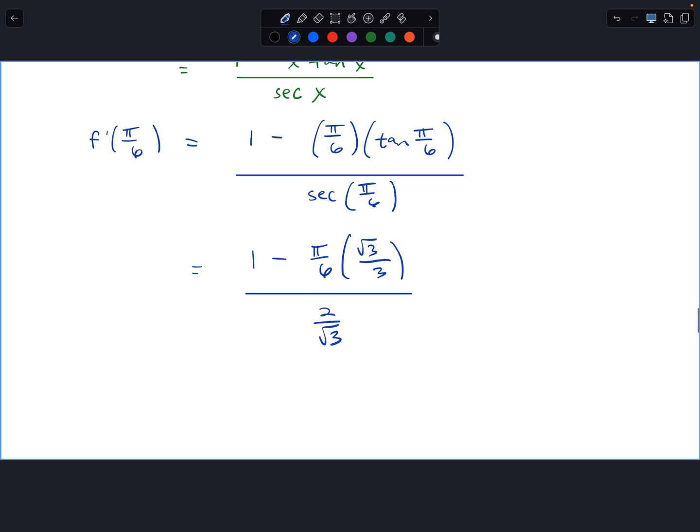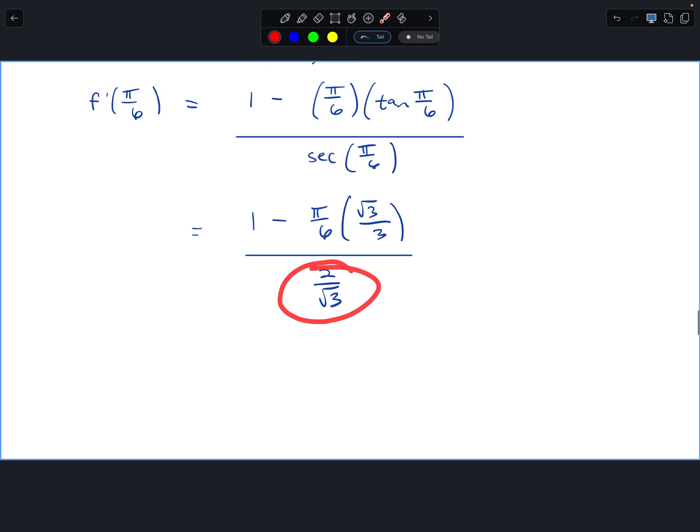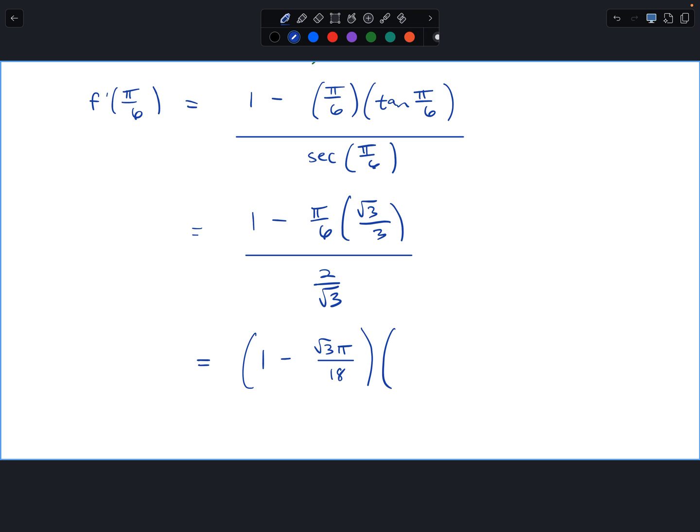Now, what I could do is take the top and multiply by the reciprocal of the bottom. So this is going to become 1 minus, if I simplify this, root 3 pi over 18 times the reciprocal of the bottom, so square root 3 over 2.